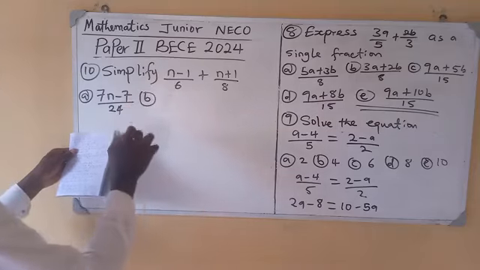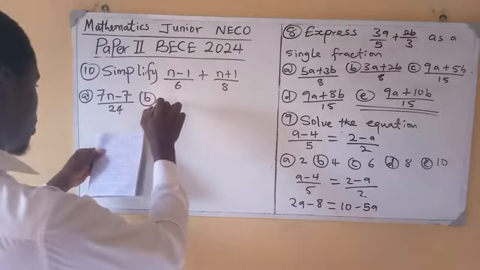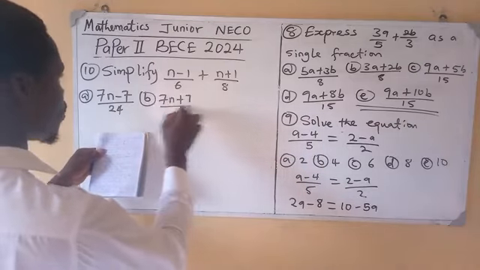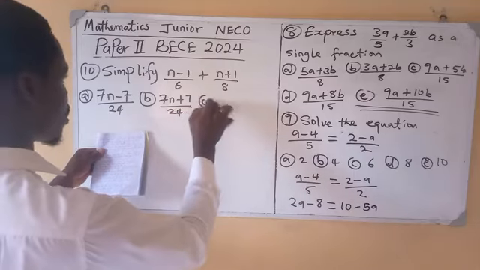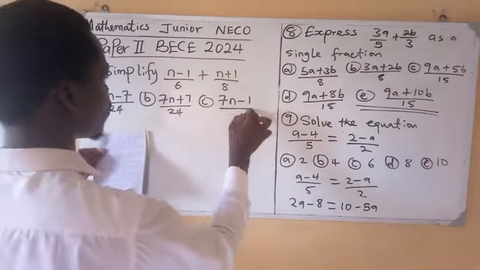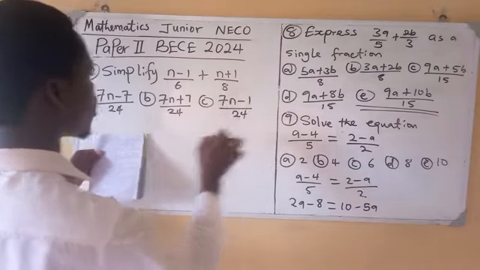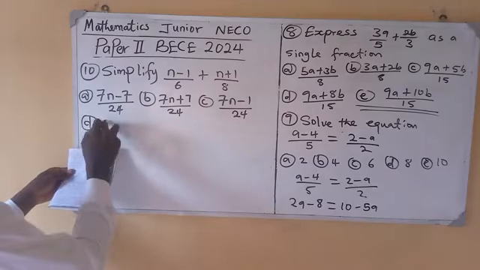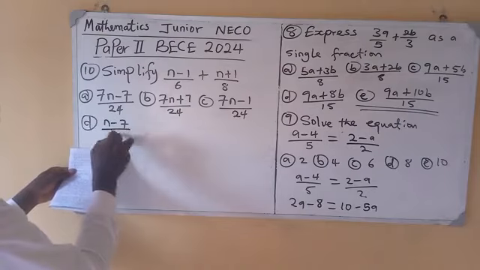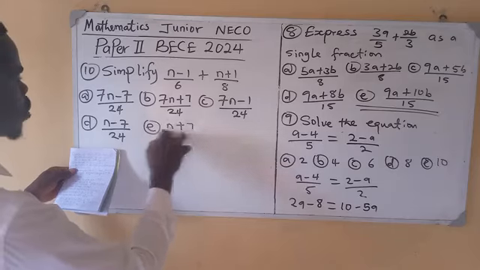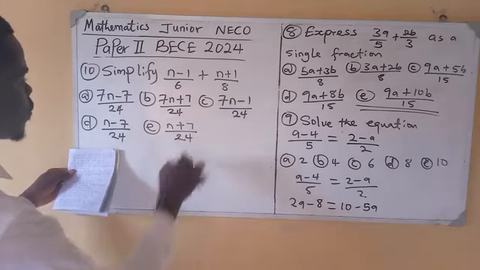B, we have 7n plus 7 over 24. C, we have 7n minus 1 over 24. D, we have n minus 7 over 24. And option E, we have n plus 7 over 24.